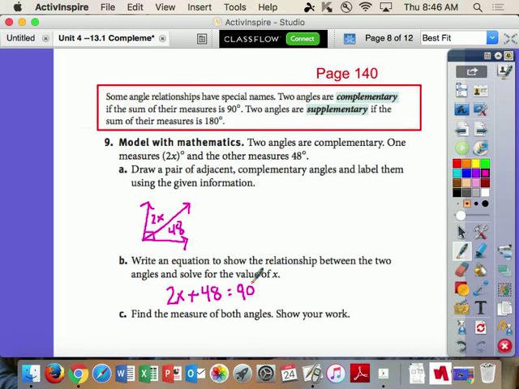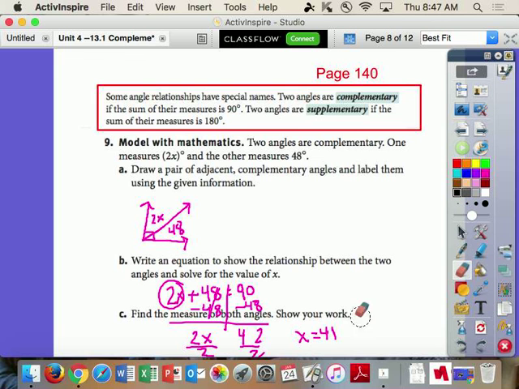Now, this is just like our two-step equations. Draw our line, circle our term with our variable, subtract 48 on both sides, and that leaves you with 2x equals 42, divided by 2, and x equals 21, my bad.